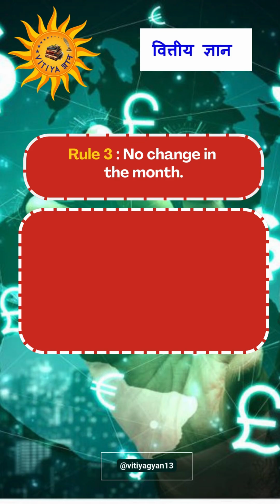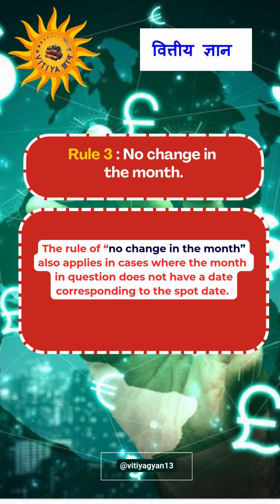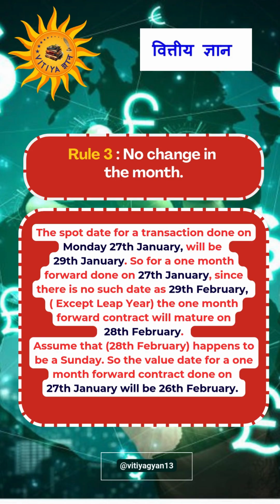The next is Rule 3. No change in the month. The rule of no change in the month also applies in cases where the month in question does not have a date corresponding to the spot date. Let's understand with an example. The spot date for a transaction done on Monday, that is 27 January, will be 29th January.